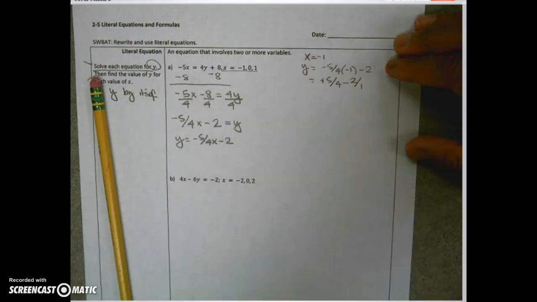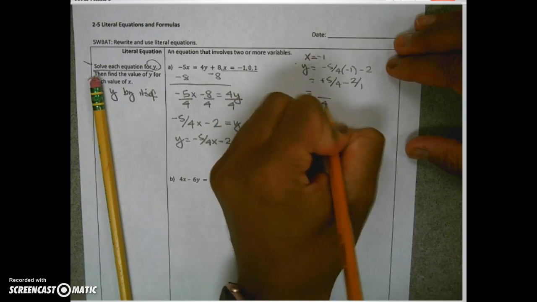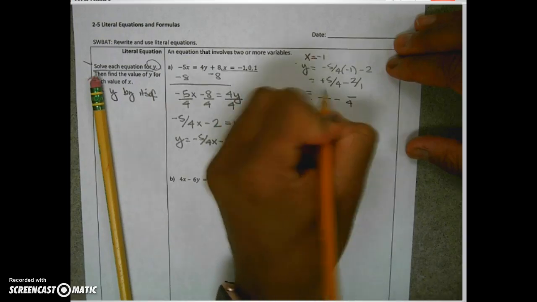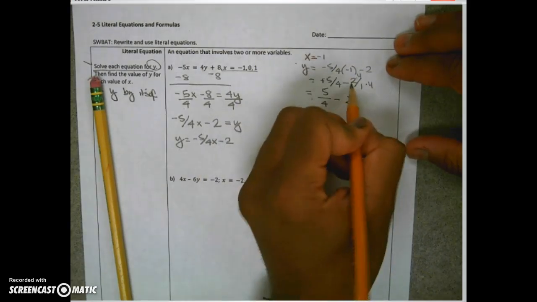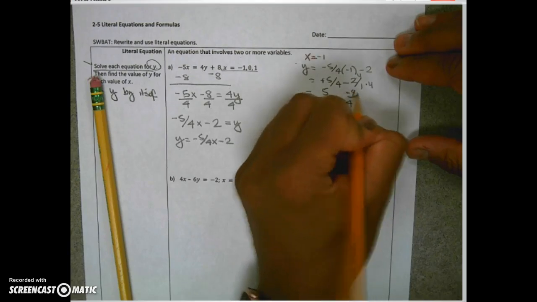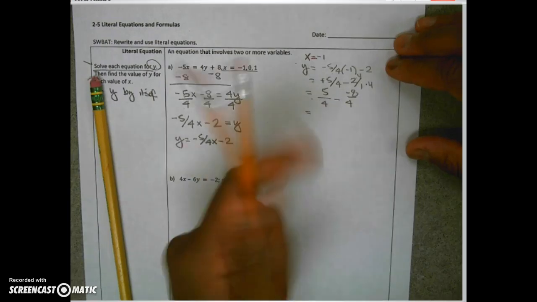I'm going to write that as a fraction. My common denominator here would be 4. So 5 stays there, and for this one I'm going to times 4 and times 4. 2 times 4 gives me 8. Oh, just kidding, this was already negative. I don't need an extra negative here. I have it with the minus sign.